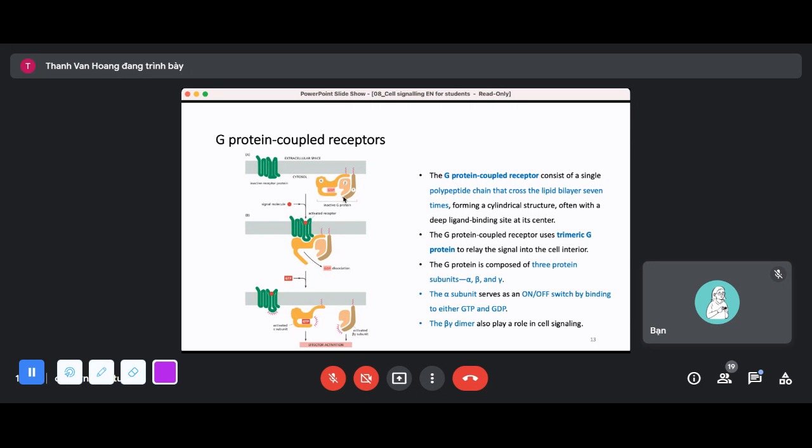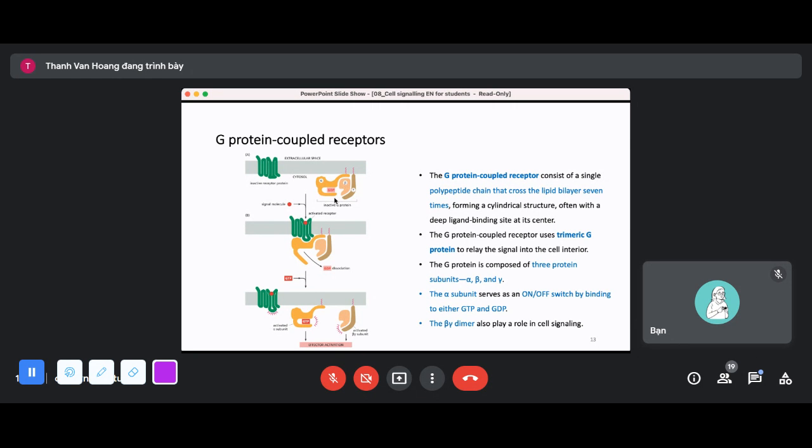On the other hand, when the alpha subunit binds to GTP, the alpha subunit is activated, and the beta gamma subunit is also activated. That's all about the structure.